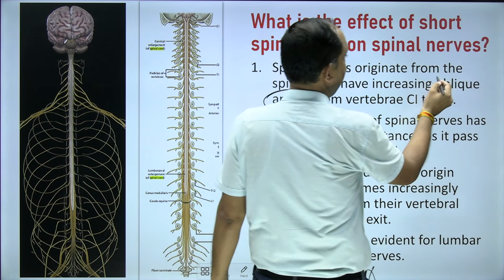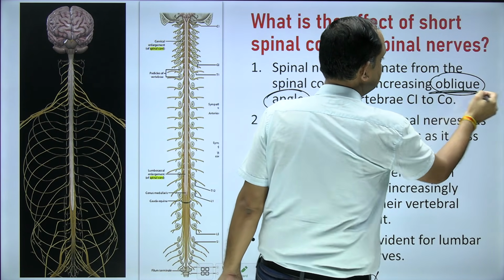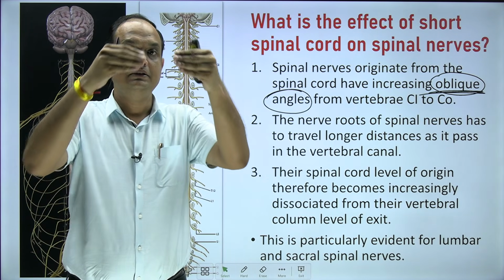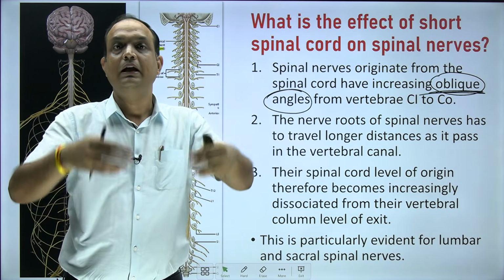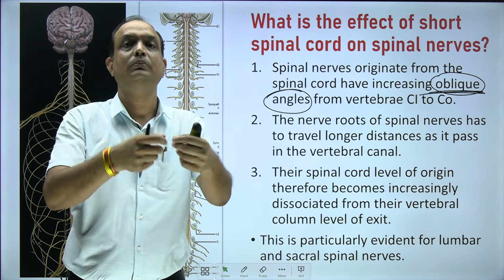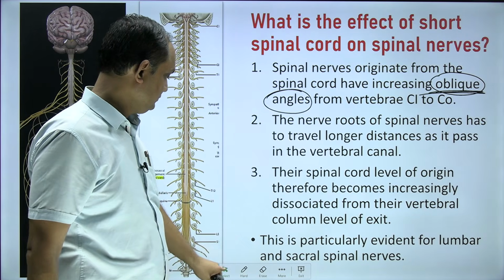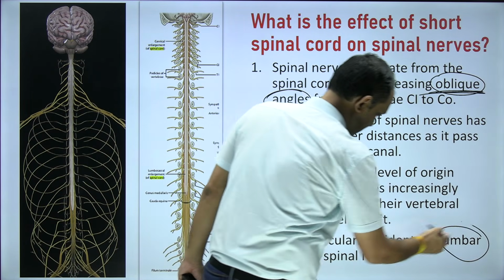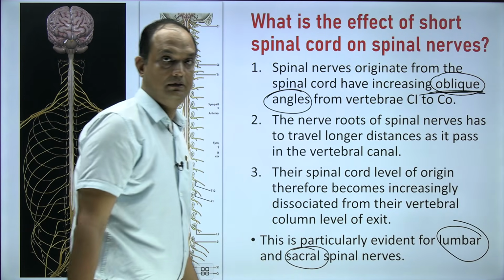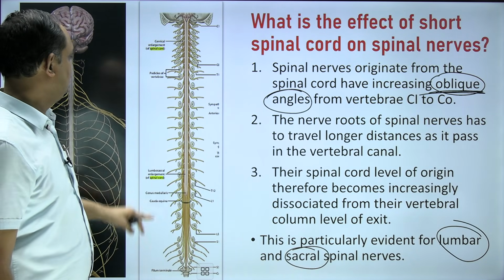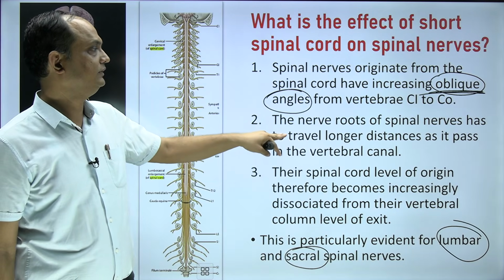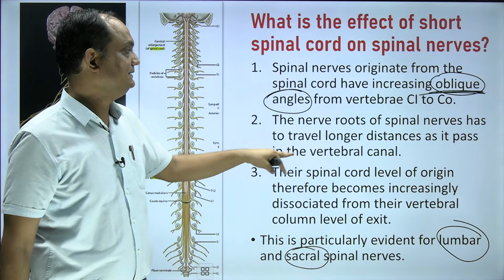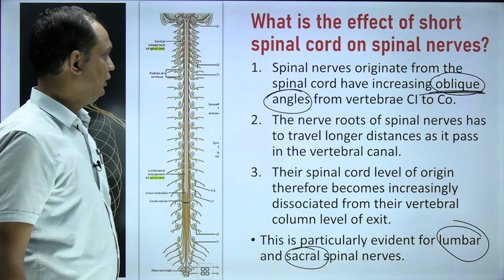The impact is that the exit of a spinal nerve no longer remains straight; they show some obliquity, and as you go lower down the obliquity increases, and this obliquity is more pronounced in your lumbar and sacral spinal nerves. So the nerve roots of the spinal nerves have to travel a longer distance as they pass in the vertebral canal. Now why did it happen?